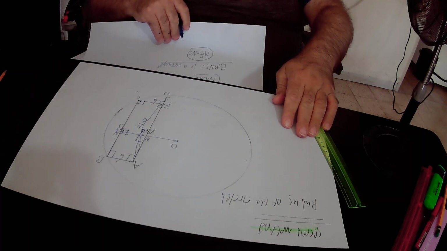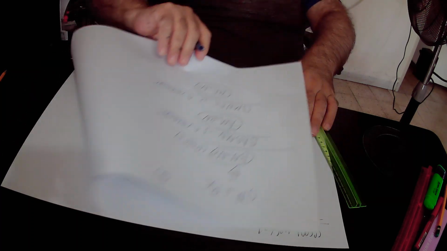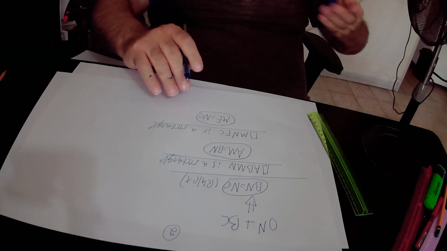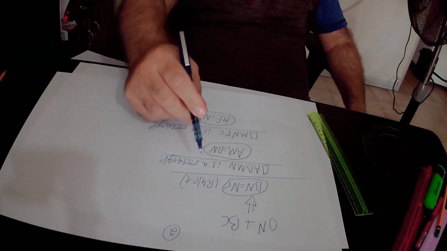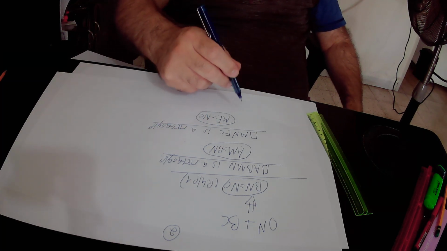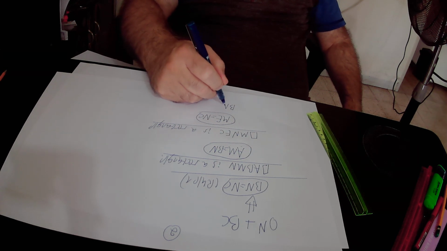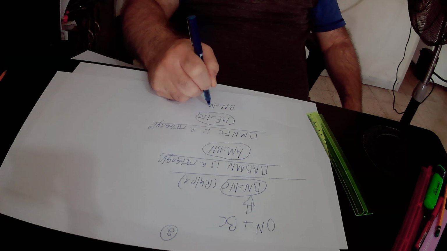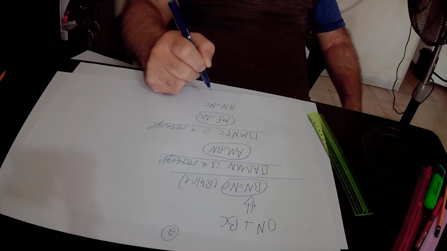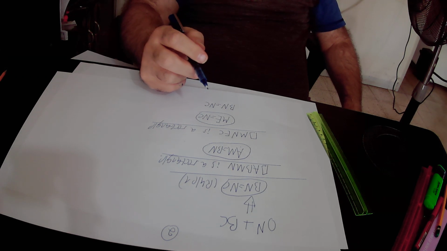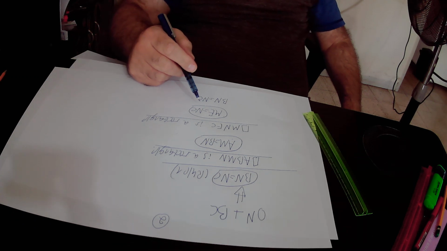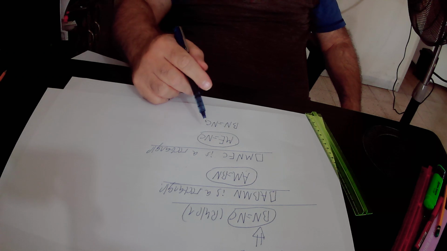Okay, so we can summarize what we have found out until now. According to rule number 1, we found out that BN equals NC. But here we found out that NC equals ME.